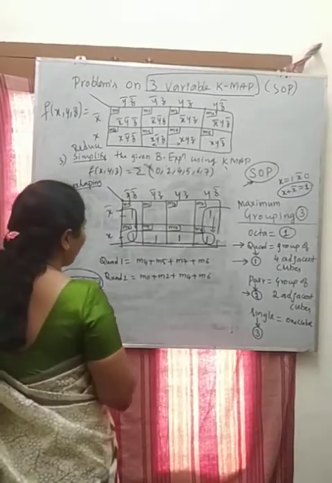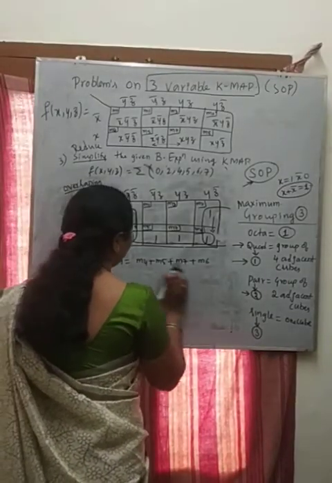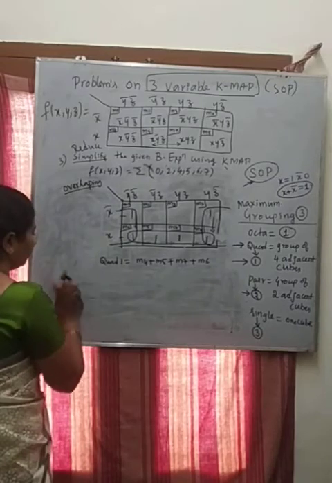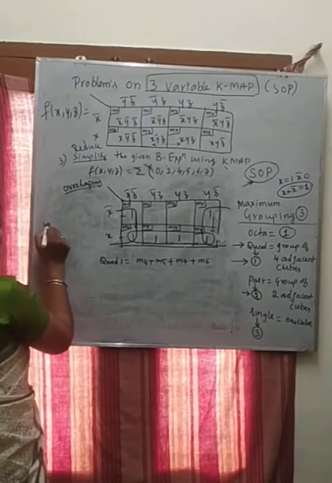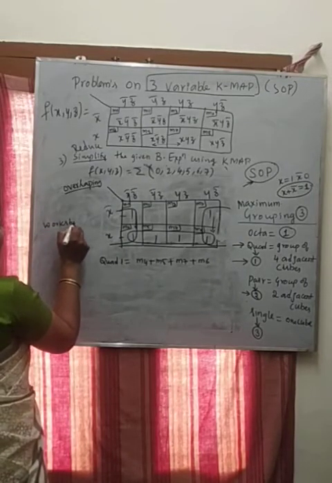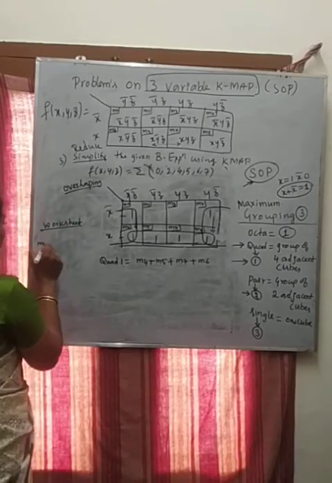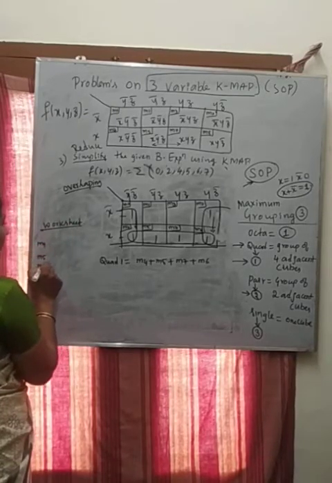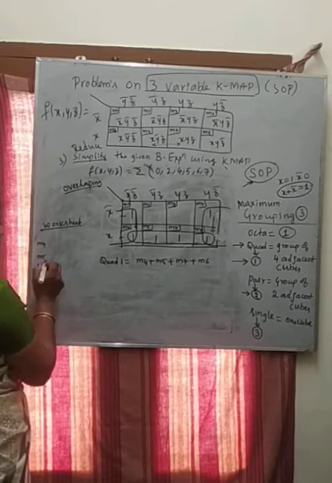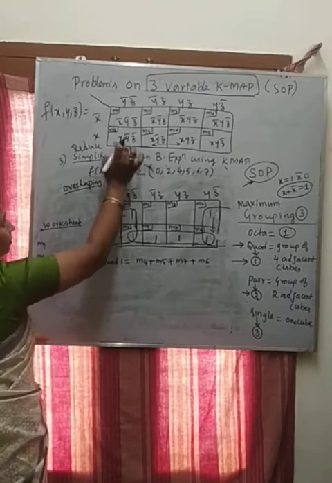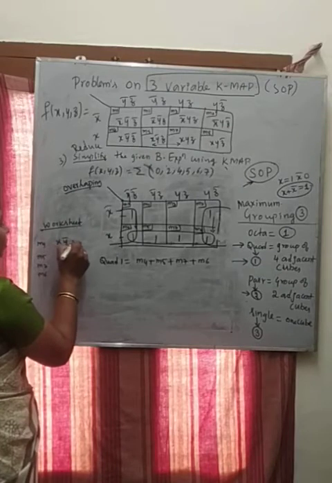So, what is the quad 1 result? What is the quad 2 result? I'll explain using the worksheet. This is not required, I'm just writing it for your understanding. What is M4? X, Y complement, Z complement.